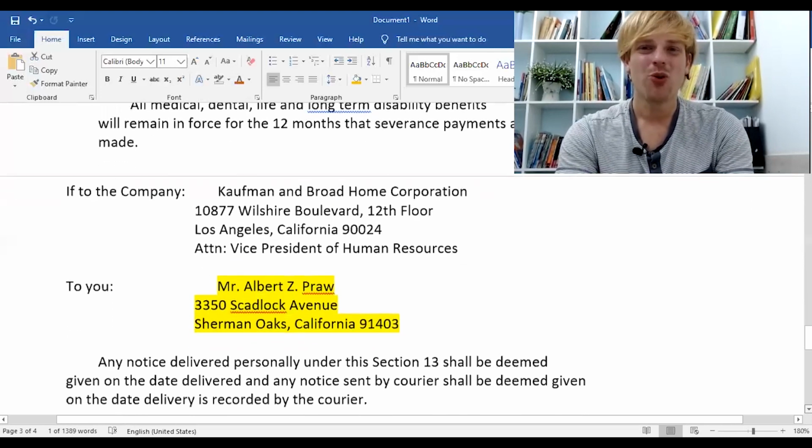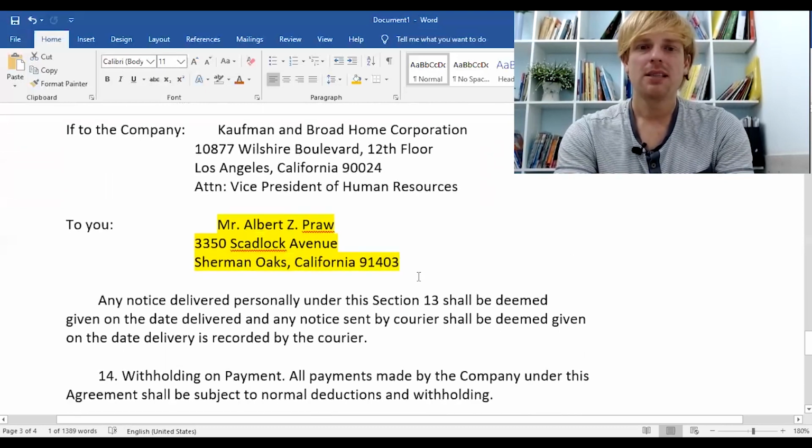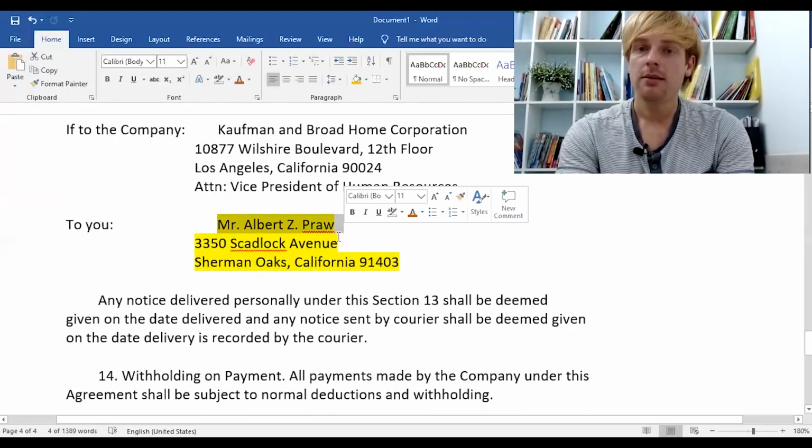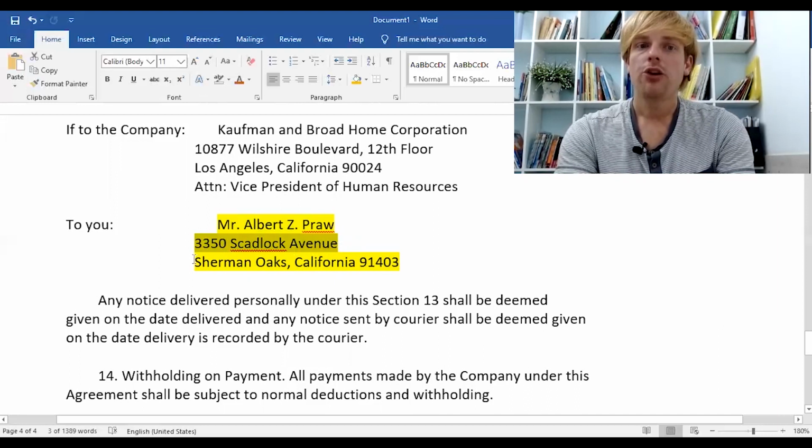Now, I wanted to show you one little thing here. This is an address. British and American addresses are pretty similar. Usually 3 lines. You have the name of the person with a title. You have the street number and street address. You have the city, state, and zip code, just like that.